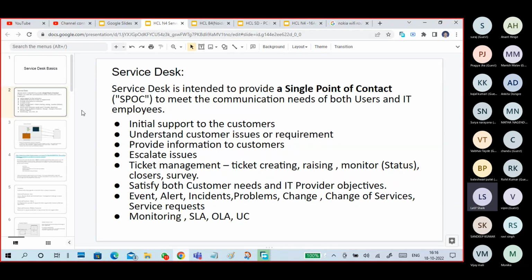Escalating a ticket is raising a ticket, which means sending it to a particular team or a particular person. Then monitor the ticket status and close the ticket once the issue is resolved. It satisfies both customer needs, because once you understand the customer requirements, half of the problem is understood, so it is very easy to resolve. That's how it satisfies both sides.